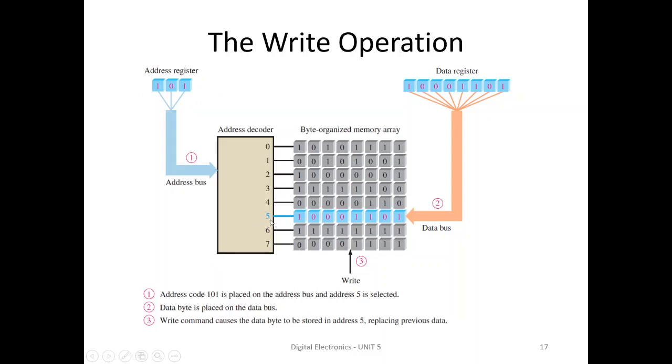Here it is the fifth location, it is decoded and it is told that in this particular location I want my data to be written. So this data is going to be written in this particular location, and this is nothing but your write operation, and always the data which was written previously is replaced.